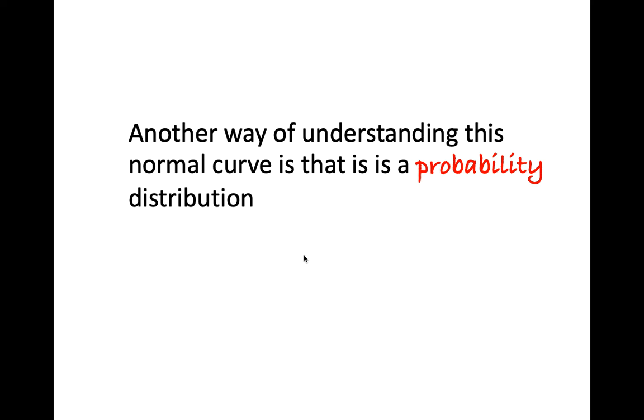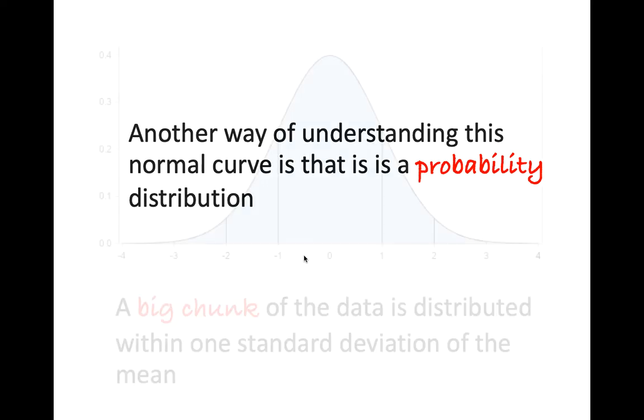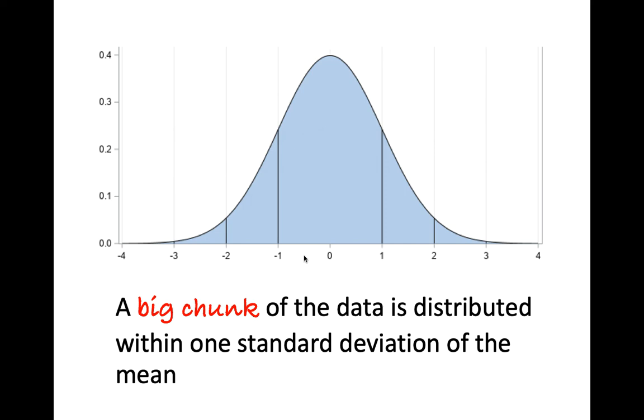Now, the other perspective on understanding the normal curve is that it actually gives us some information about the probability distribution. And so what that means is if I look at this lovely normal curve and I've got my standard deviations, 1 above and below, and 2 above and below, and 3 above and below underneath my curve, what I could say is that the amount of data that's distributed within one standard deviation of the mean is a big chunk.